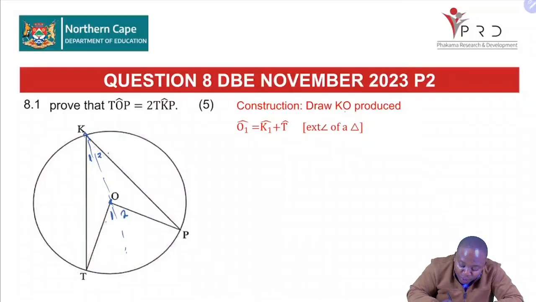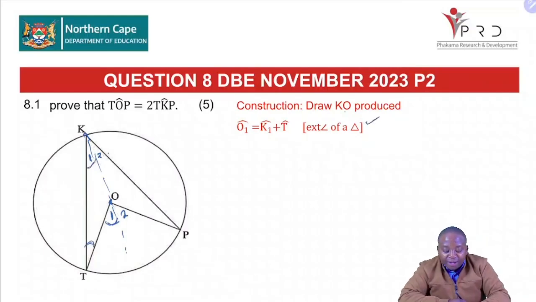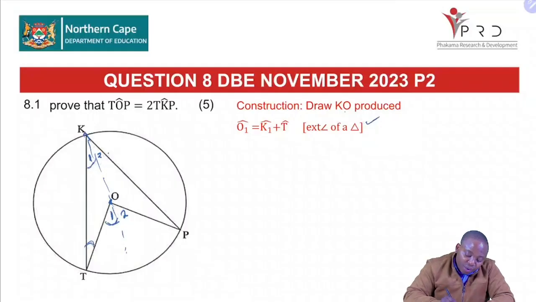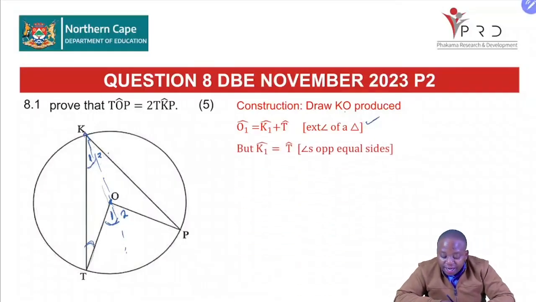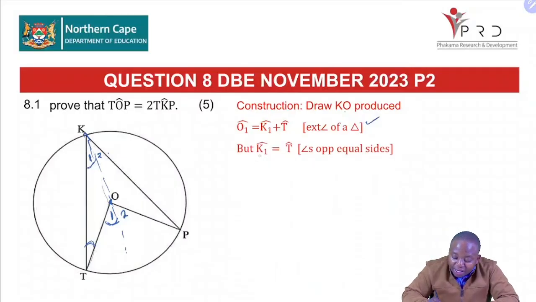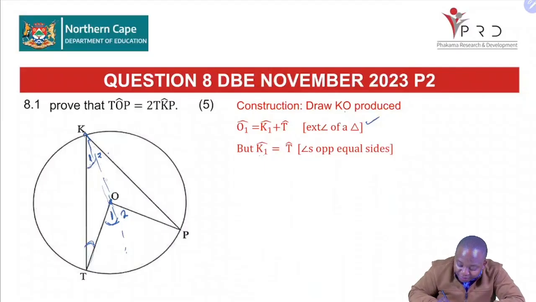Now we say that O1 equals K1 plus T. That is because it's an exterior angle of a triangle. As you can see, we have a triangle there, the exterior angle of that triangle. And again, K1 is equal to T. Why? Because we have radii here. These two lines are equal right there.